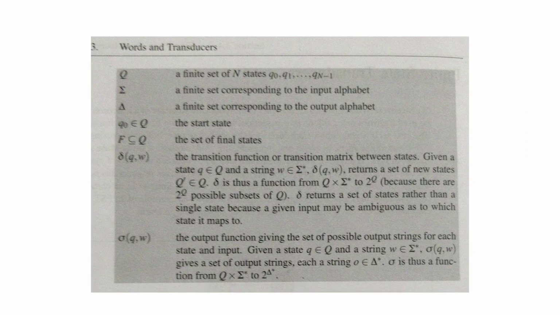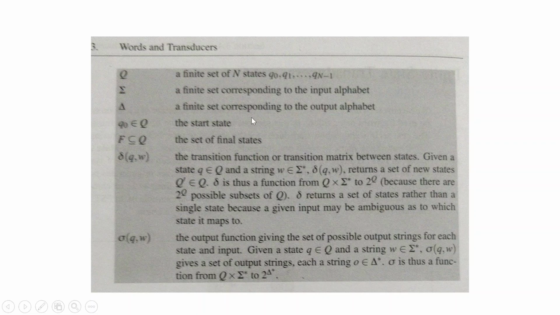Okay, so this is a formal definition of a finite state transducer. You already must have studied the formal definition of a finite state automaton. Q is a set of states, the set of valid states. Sigma stands for a finite set corresponding to the input alphabet. Both of them are there in the finite state automaton also.